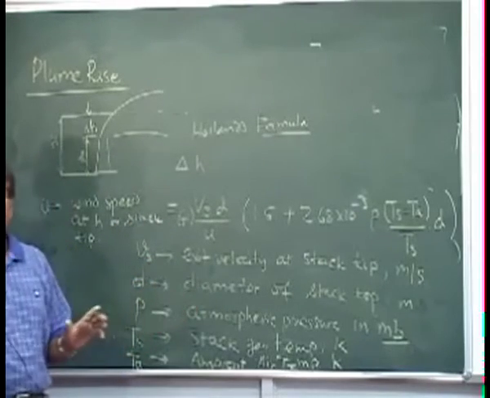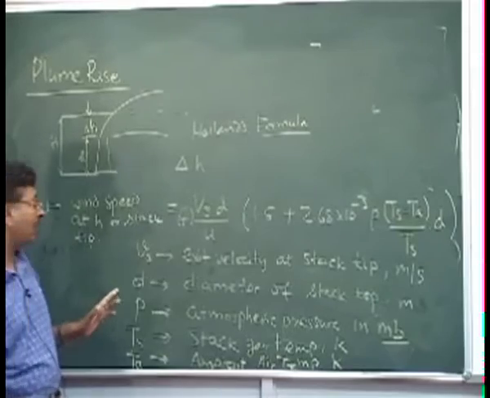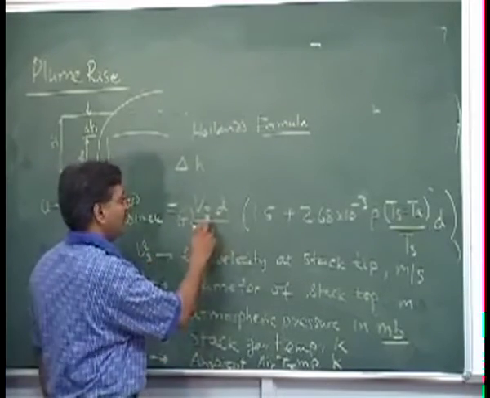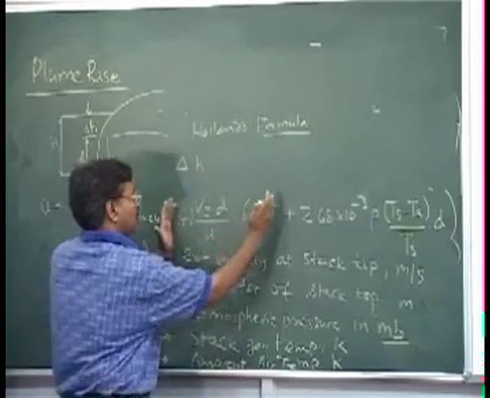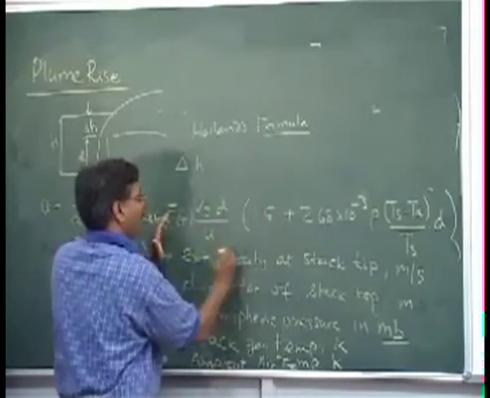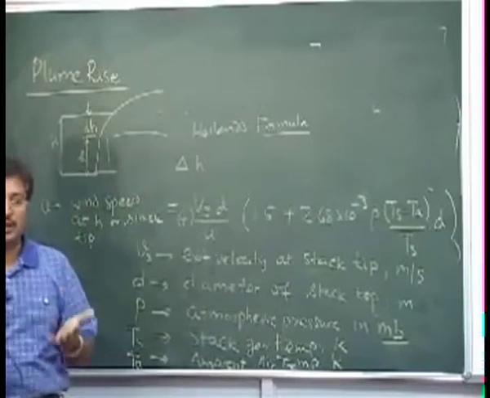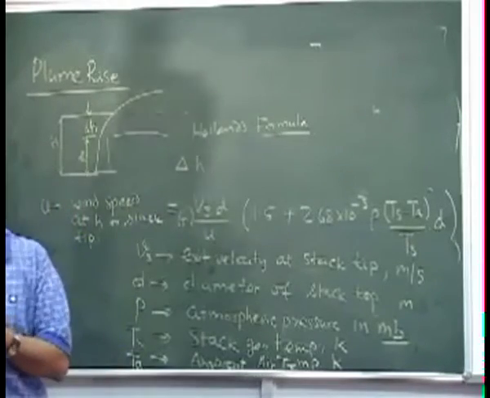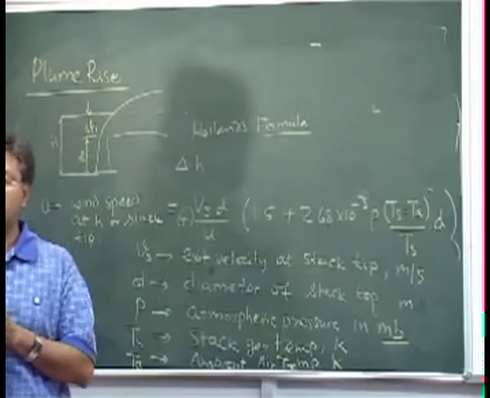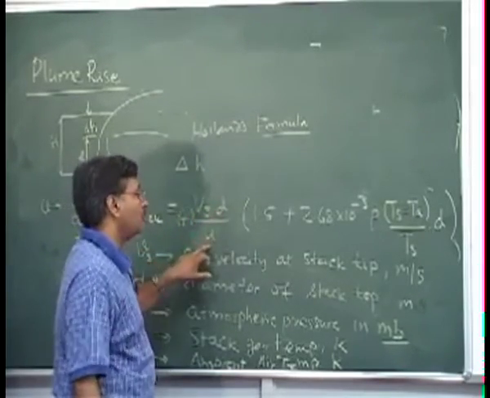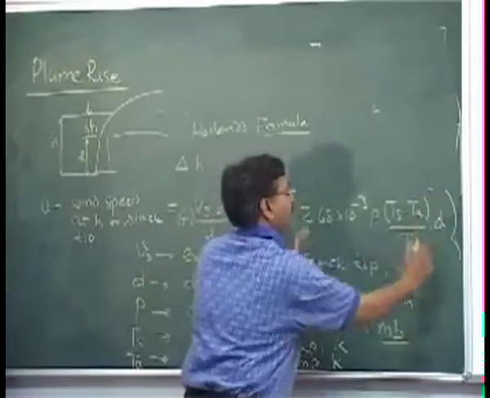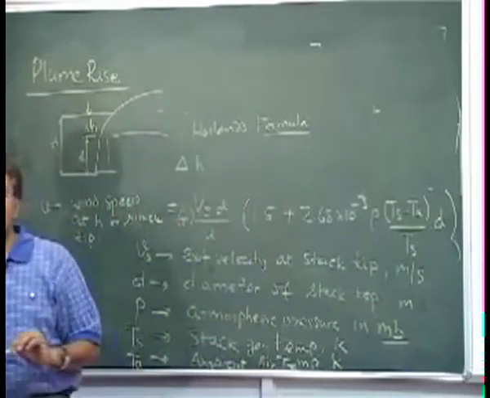Okay. And one more thing, maybe we can talk later, but this component 1.5 times Vs times d into u, this component, okay, or this term will give you momentum rise because of the jet action, okay. This component Vs d u times this term give you the thermal buoyancy.